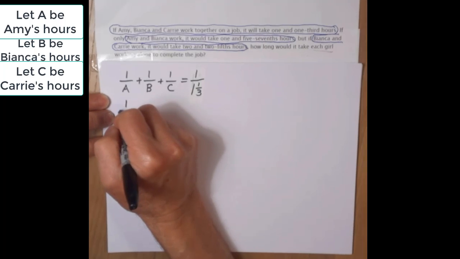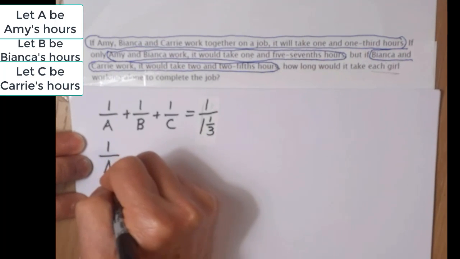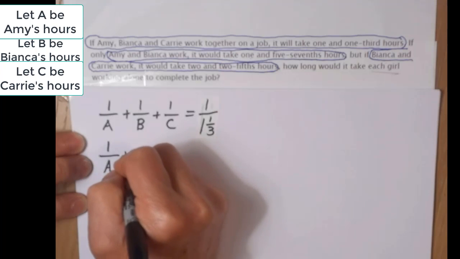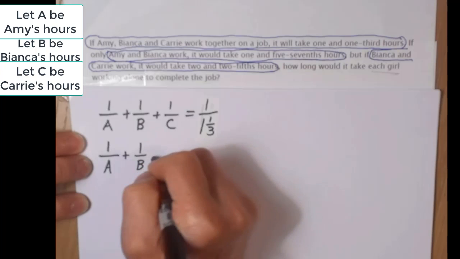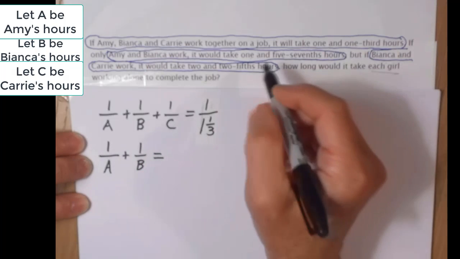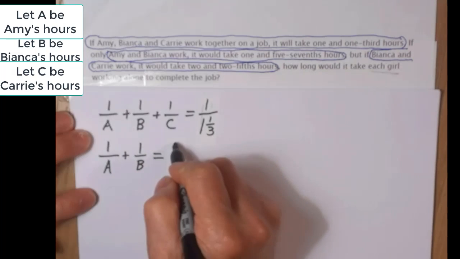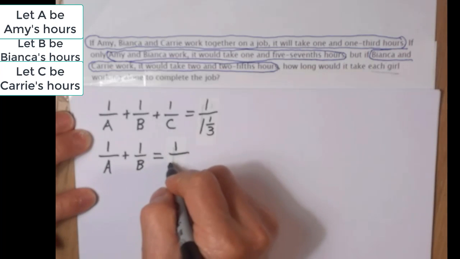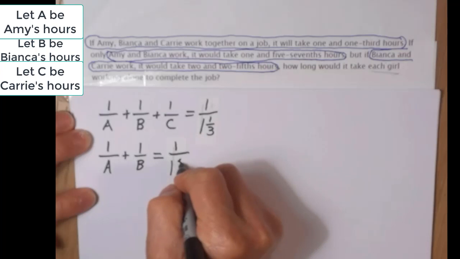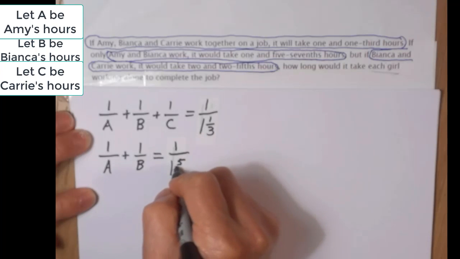Okay, so 1 over Amy plus 1 over Bianca equal to 1 over 1 5/7 hours.